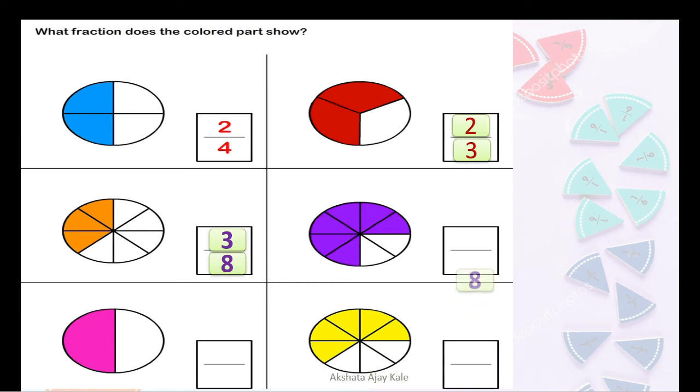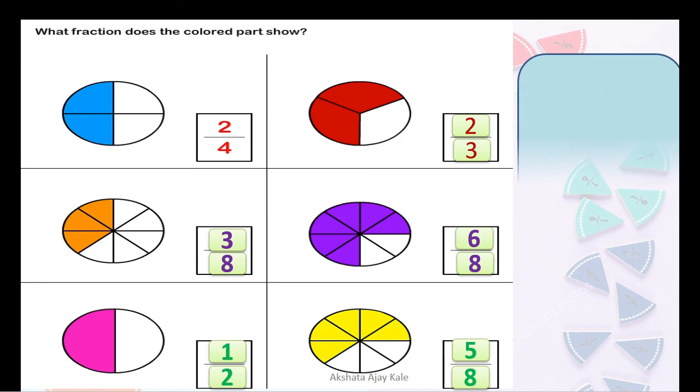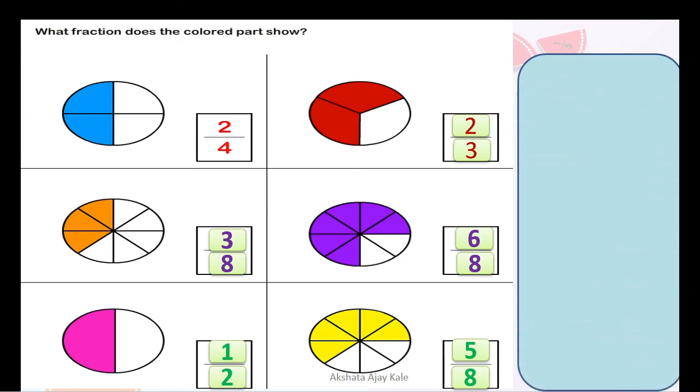Right? Then out of 8 parts, 6 are shaded. Out of two parts, only one part is shaded, means this is half. Here out of 8 parts, 5 parts are shaded. Correct? Now we will use smaller than and greater than symbols for these.